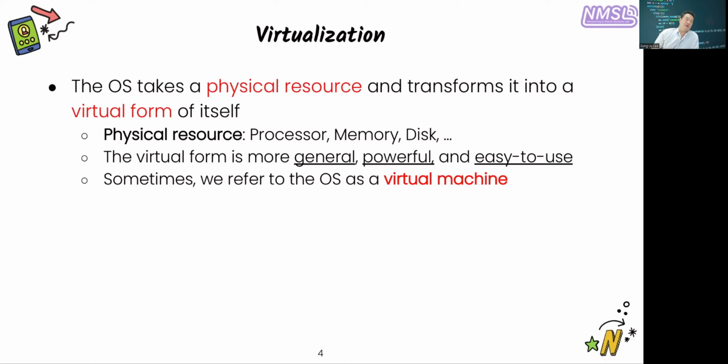What the operating system does is take a physical resource, like the CPU, for instance, and transform it into a virtual form of itself. The physical resource could be a processor, memory, or disk, and the virtual form is more general, powerful, and easy to use. We'll talk a little more about what we mean by that. Sometimes, thus, we refer to the operating system as a virtual machine.